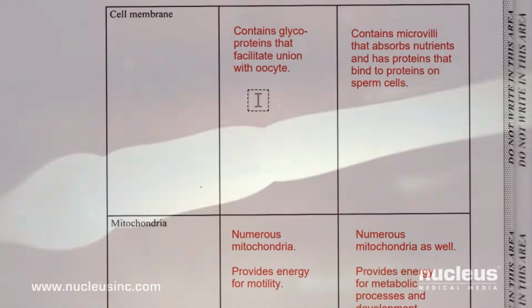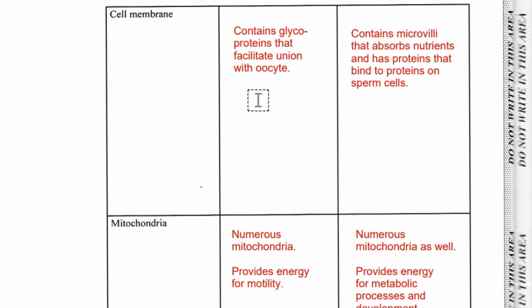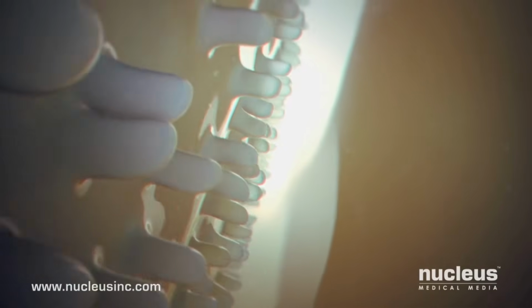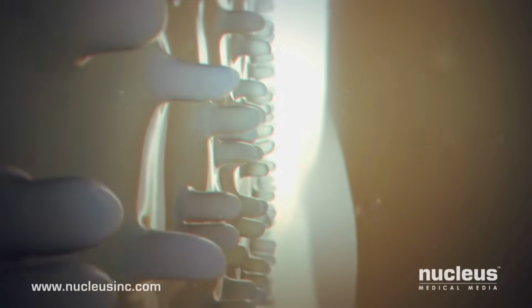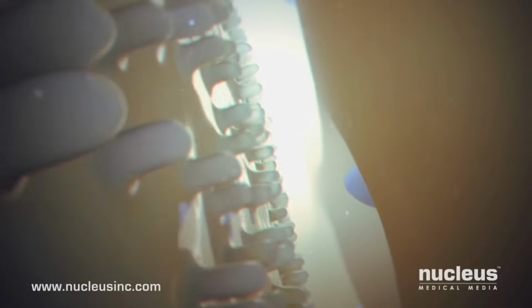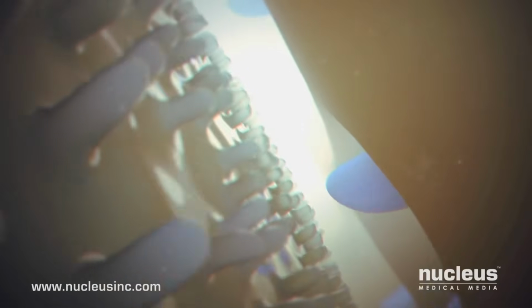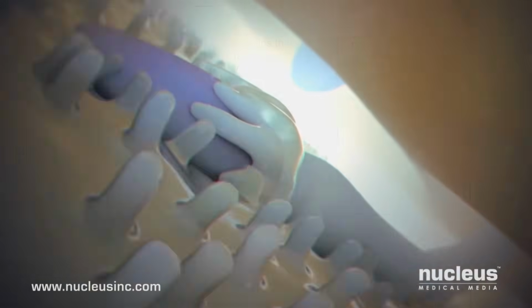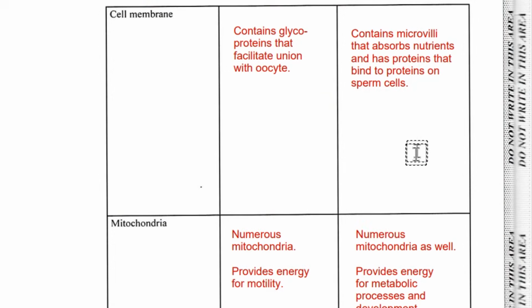But basically what would happen here is that the sperm cell would be able to bind to the oocyte in order to release its acrosome so it can send the nucleus into the cell so it can form a zygote. The egg cell, on the other hand, the oocyte, contains microvilli that absorb nutrients. It has proteins that bind to proteins on sperm cells that facilitate entry of the sperm cell nucleus.